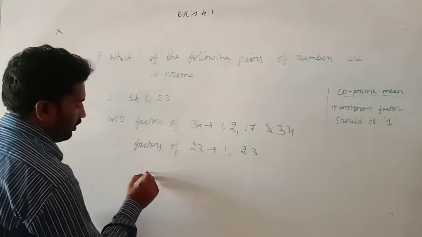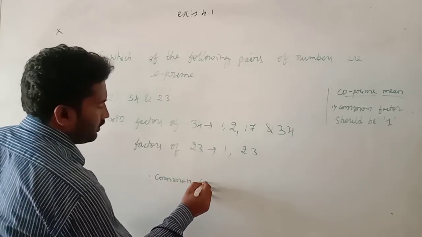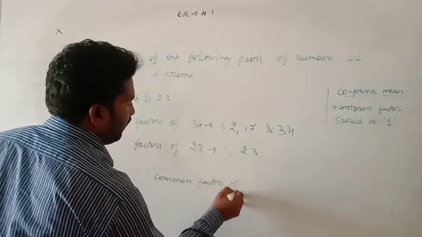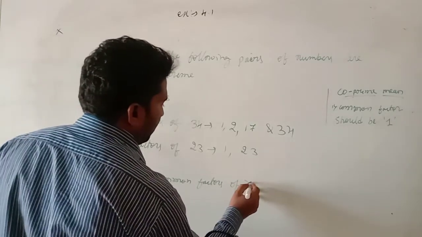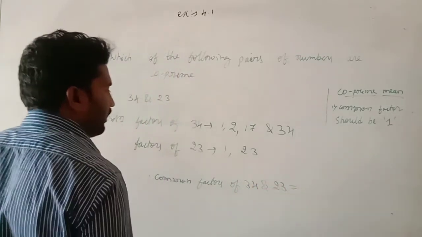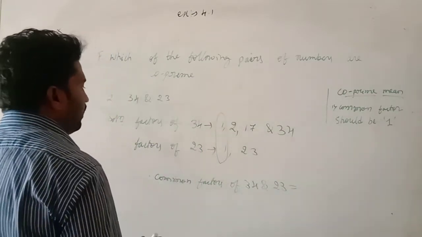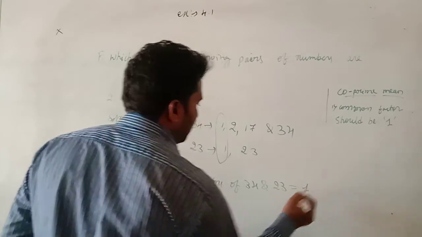Okay. Therefore, common factors of 34 and 23. What are the common factors of 34 and 23? It is 1.